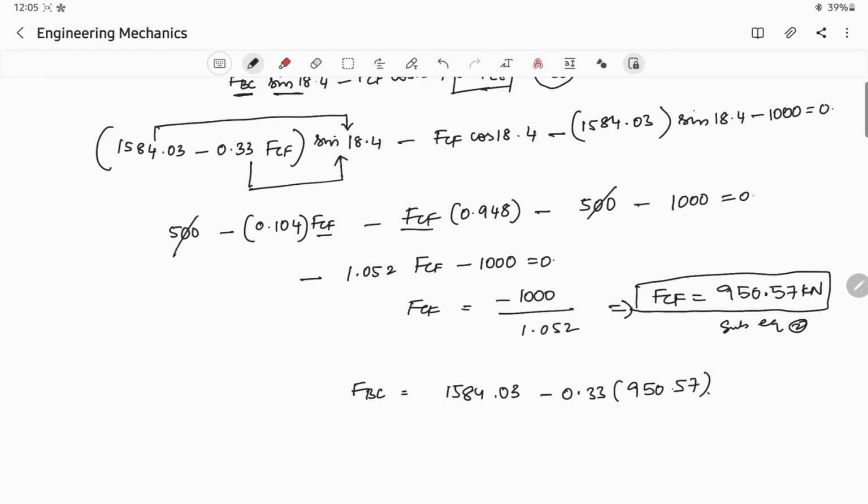So if you simplify, 950.57 into 0.33, then 1584.03 minus that answer, you'll get the force in member BC as 1270.27 kilonewton. Okay, so this is how we calculate force in member BC and CF.